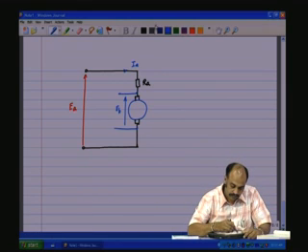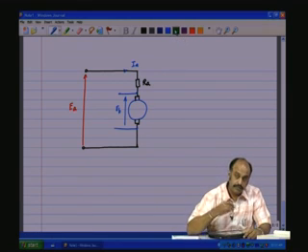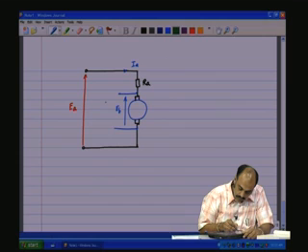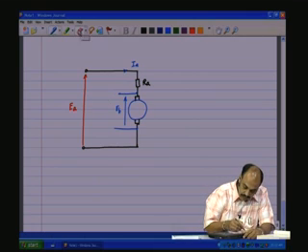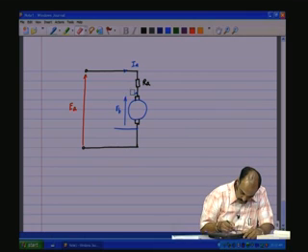Now, we have the field. The field coil can be shown in the following manner.